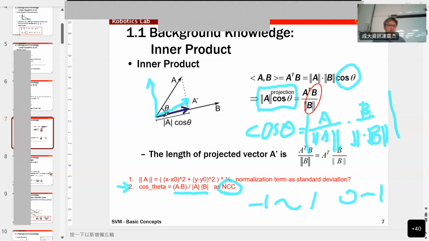So A cosine theta means vector A projected onto this B direction. So A projected on B actually equals this one. That means the original vector A's component along the B direction.